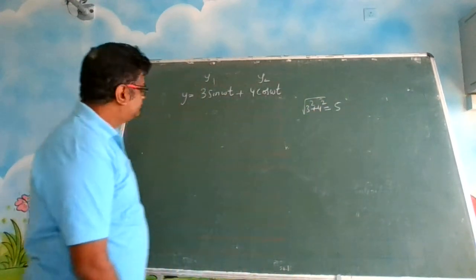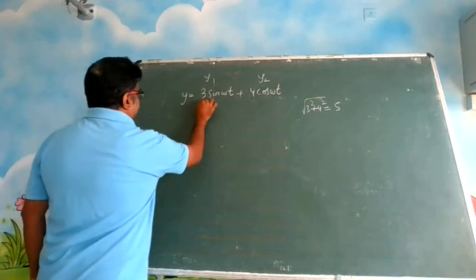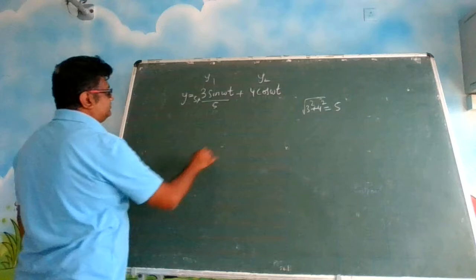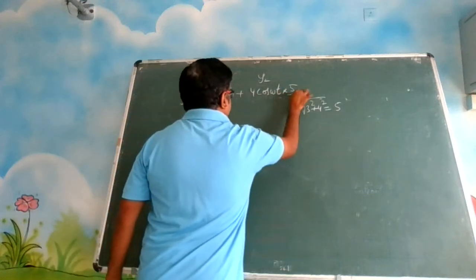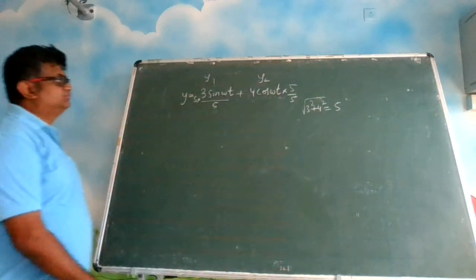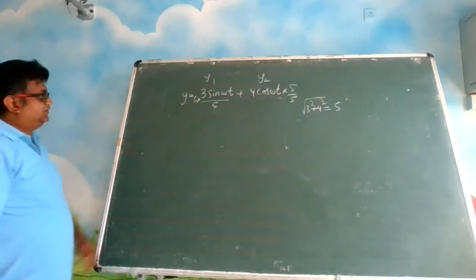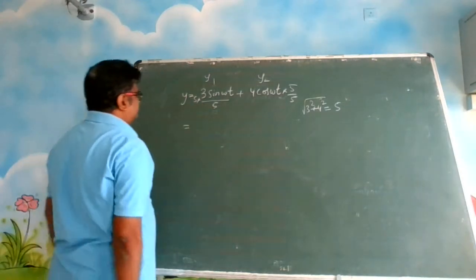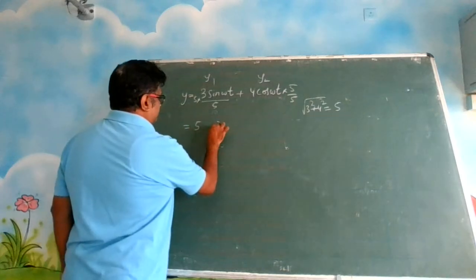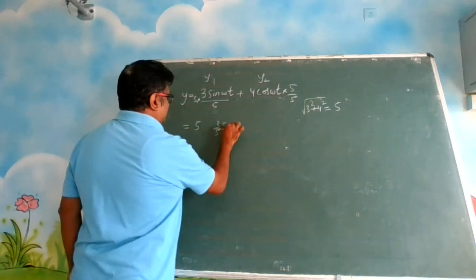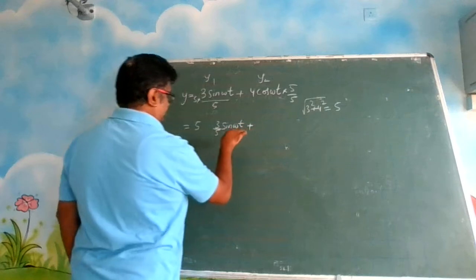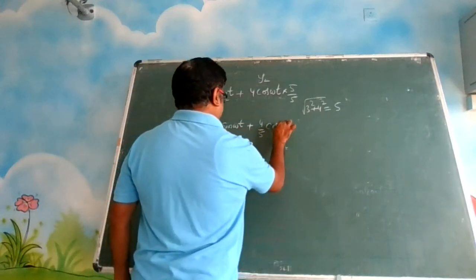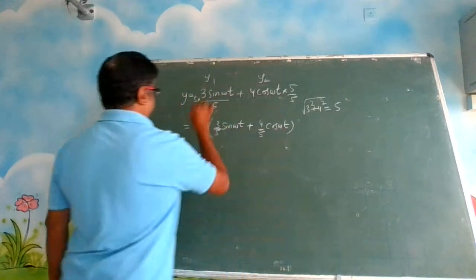5. So what we do is, can I do like this? The same expression, I am multiplying by 5 and dividing by 5. So this becomes 5 into 3 by 5 sin omega t plus 4 by 5 cos omega t.